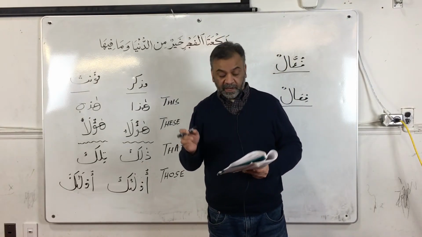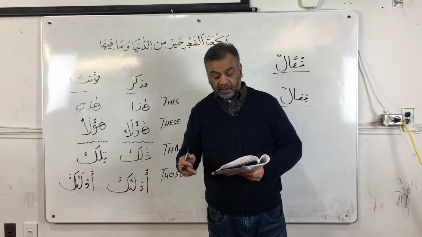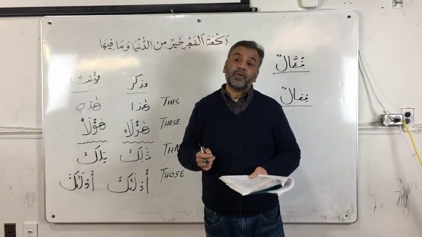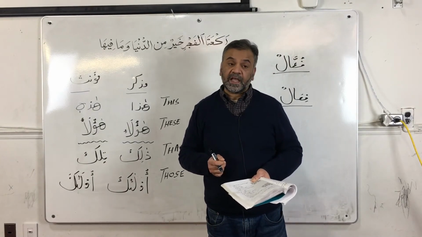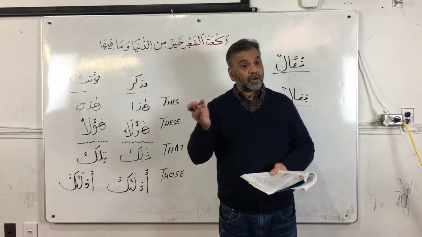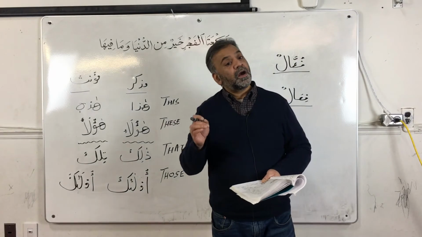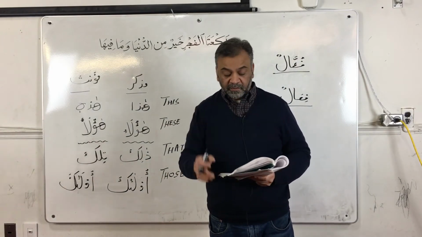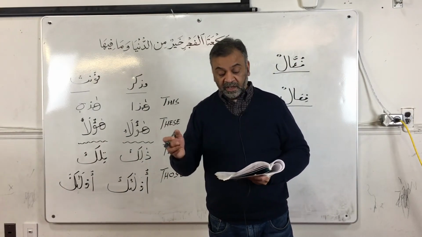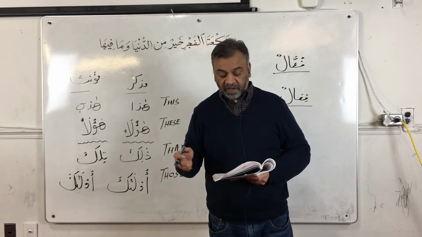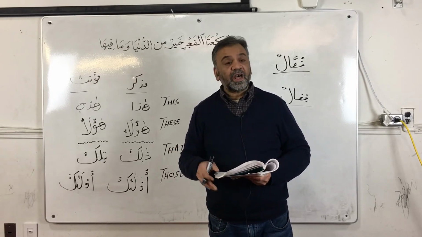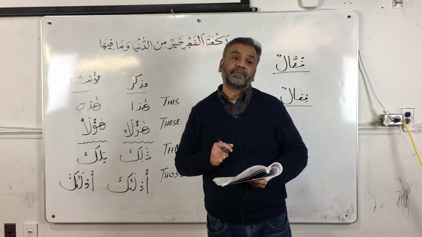Mudaf, mudaf alayh. The answer is asma'uhum, their names. Asma'u is your mubtada, and it is mudaf, hum is mudaf alayh, their names. What are their names? Yasirun wa Zakaria wa Musa wa Abdullah.